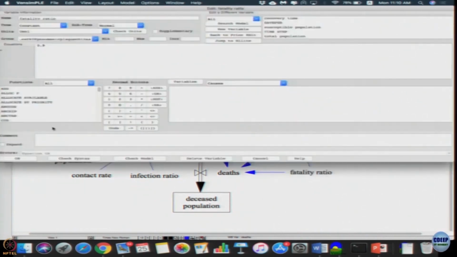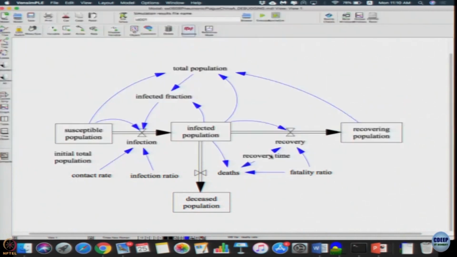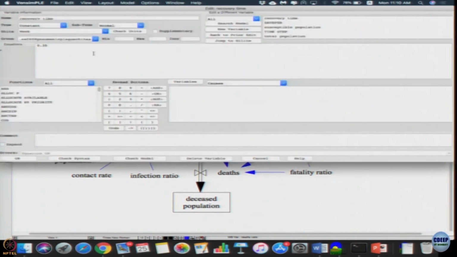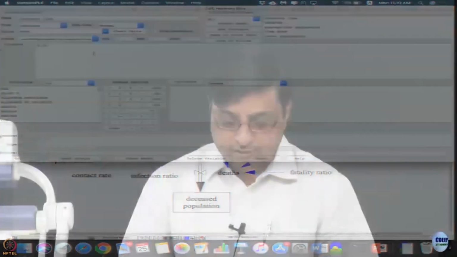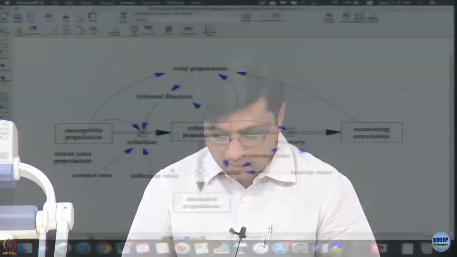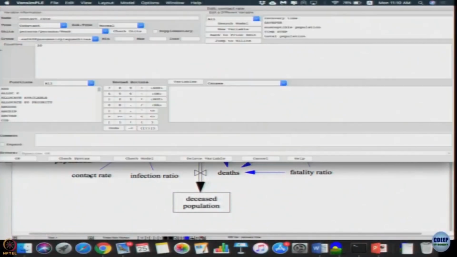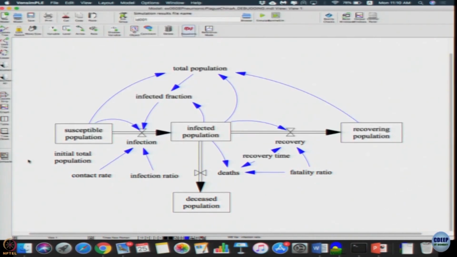Fatality ratio is given as 0.9, which is fine. Okay, recovery time was actually given as 2.5 days, so converted into weeks, 2.5 by 7, 0.35 is fine. Contact rate is given as 20 per person per week, which is fine. Infection ratio is 0.75, which is fine, which is what was given. Okay, model seems generally okay. Let us run it.